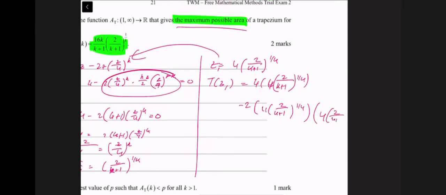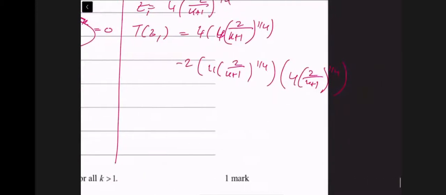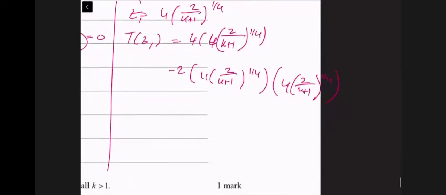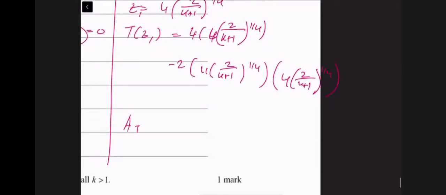That's kind of an annoying question because there's a lot to write and it's a show-that question, so we can't really skip any of the steps. Just make sure you expand this, and once you expand it, you'll get the answer, which is A(k), which is 16k/(k plus 1) times (2/(k plus 1)) to the power 1/k.